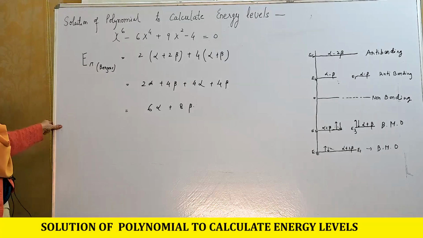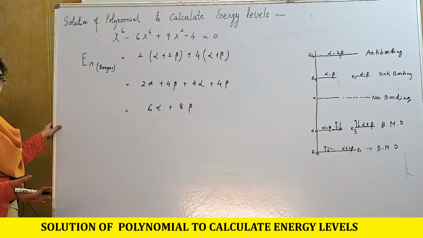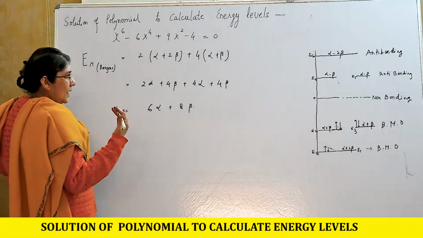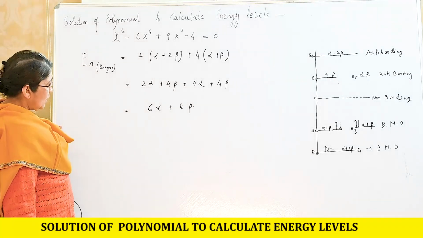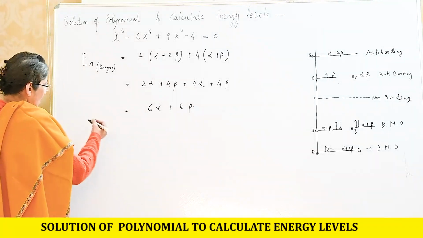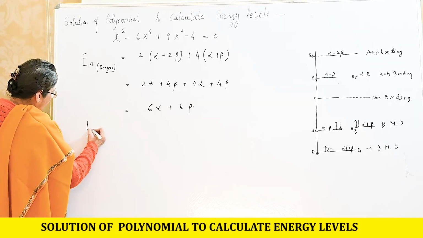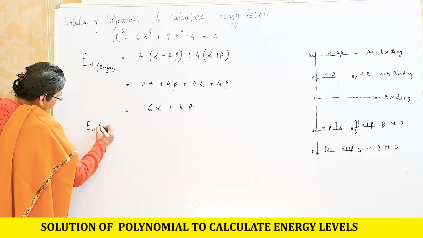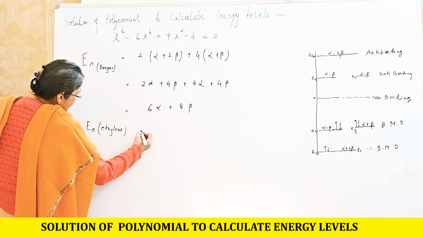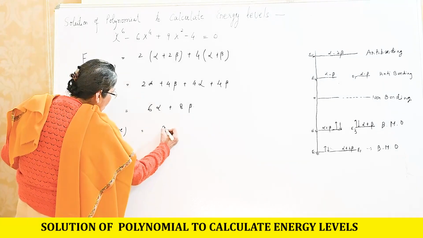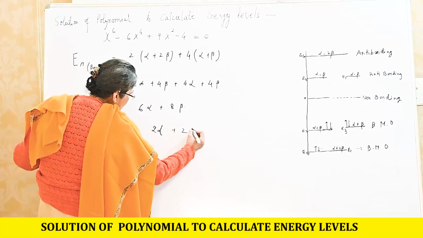Benzene has 3 double bonds, and if we compare it with ethylene, which has one double bond, 3 ethylene molecules are equivalent to one benzene molecule. For ethylene we have earlier calculated that E pi is 2 alpha plus 2 beta.